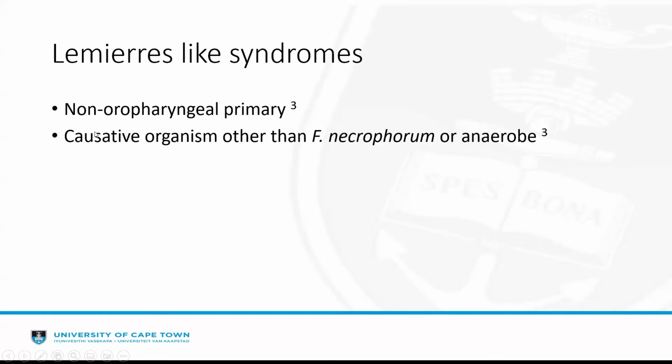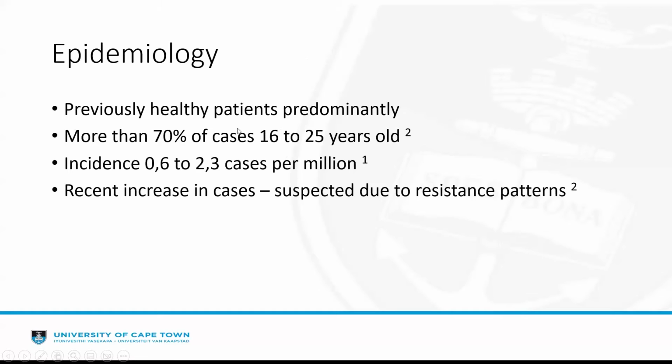And they also feel that any causative organism other than the Fusobacterium or anaerobes should also be coined rather a Lemierre's-like syndrome. So our patient would most likely be classified then as a Lemierre's-like syndrome.